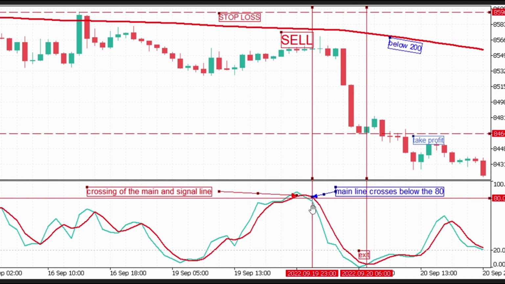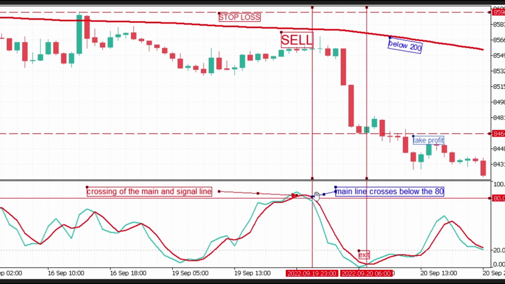There is a decision that needs to be made. Are you going to follow the main line, the blue line, or the red line? What I've discovered is that if you follow the main line, it will quickly give you a signal, because we are going to wait for the main line or the signal line to cross below the 80 level. So we're not only going to consider the crossing, but we're also going to wait for these lines to cross the 80 level.